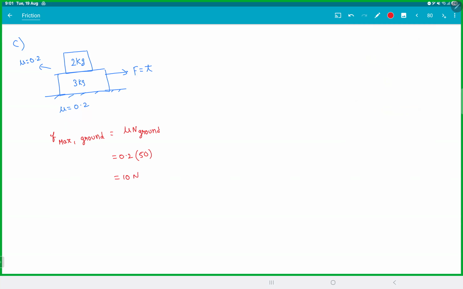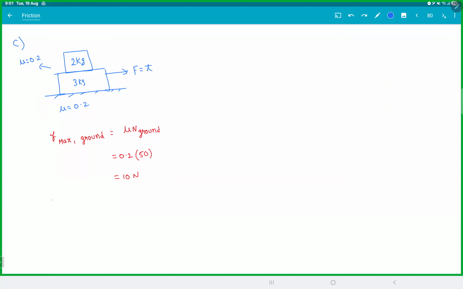Now think from the perspective of the 3 kg block. If you want to move the 3 kg block, first of all, you need to break the friction on the ground, isn't it? Until and unless you apply at least 10 newtons, the blocks won't even start moving. Is that making sense?